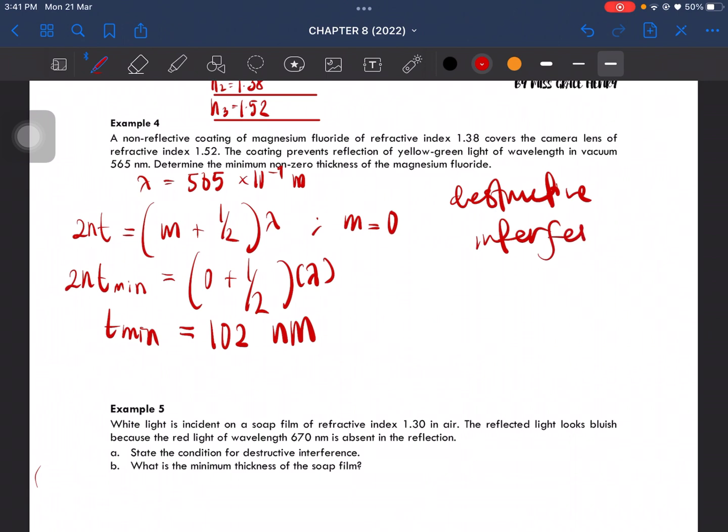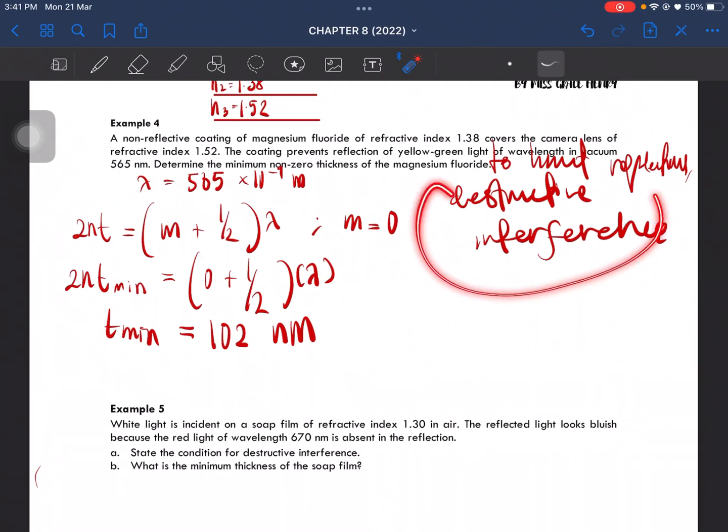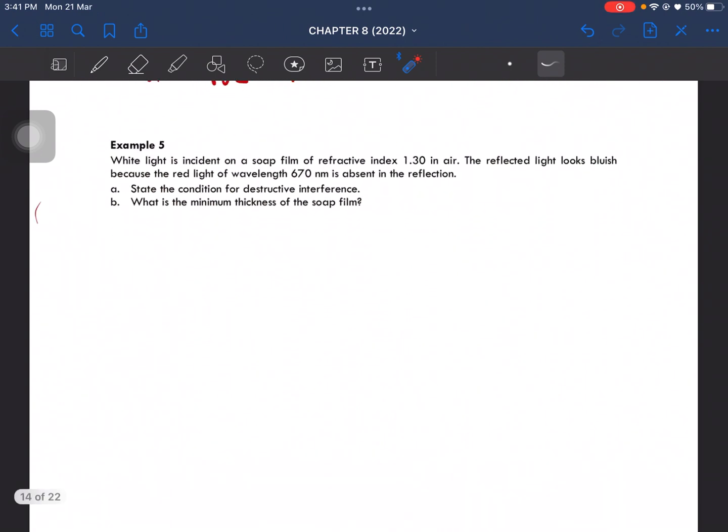That's why we use it to limit the reflections. That's why the magnesium fluoride is used, and this layer of magnesium fluoride causes a destructive interference.